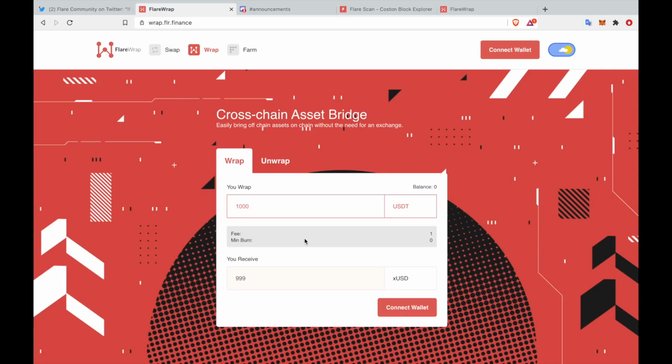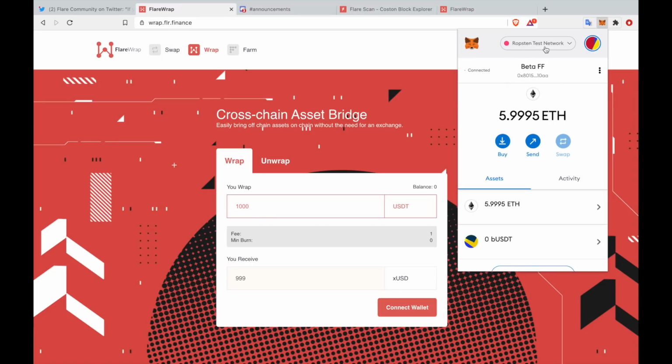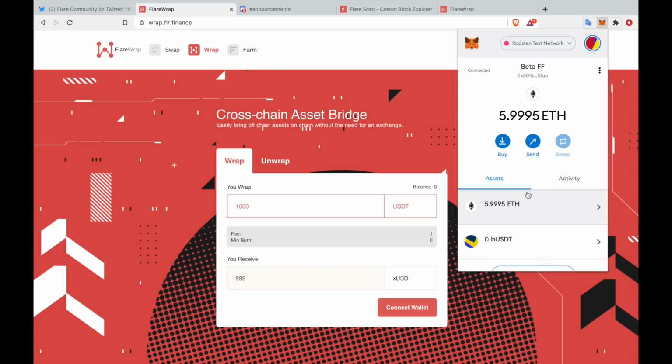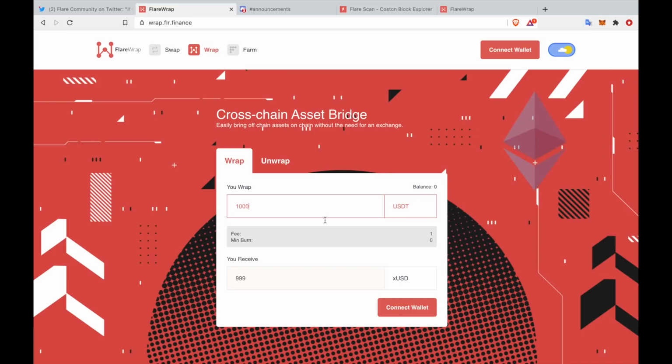You would type in 1000 here, and then what will happen is you will need to swap this into XUSD, and this will be the bridge between the assets going from the Ethereum network, or what we can call the Ropsten testnet, over to the Coston testnet, which is imitating the Flare network.